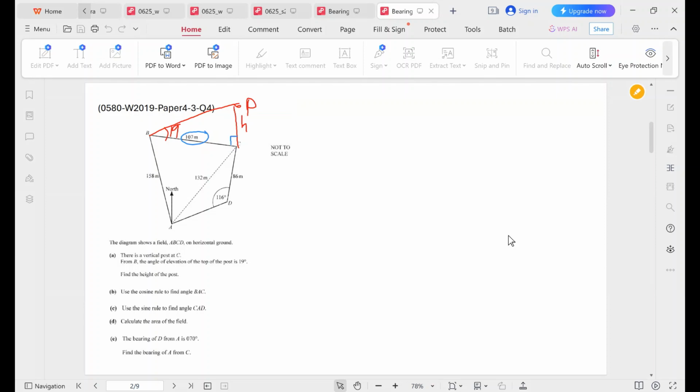So all we have to do is just write TOA: tan 19 equals opposite over adjacent. So H equals 107 tan 19. I just cross multiplied as if you did over 1 here. You cross multiplied. So H equals 107 multiplied by tan 19.